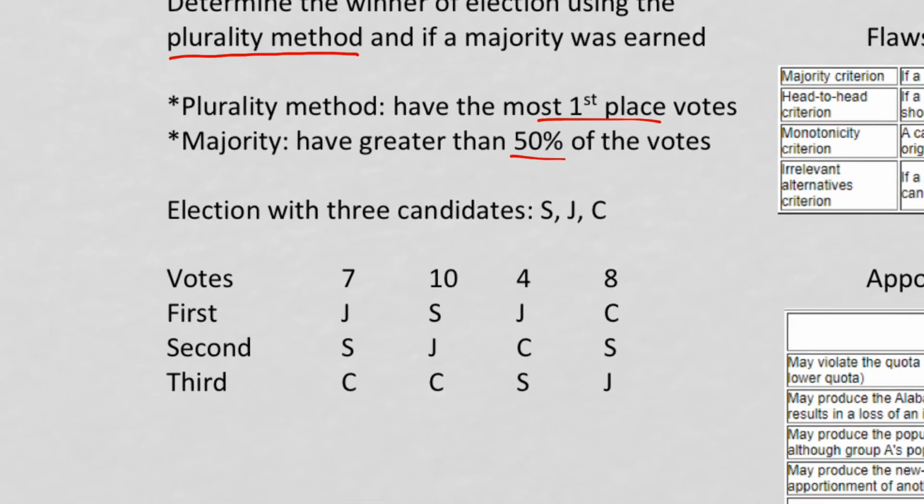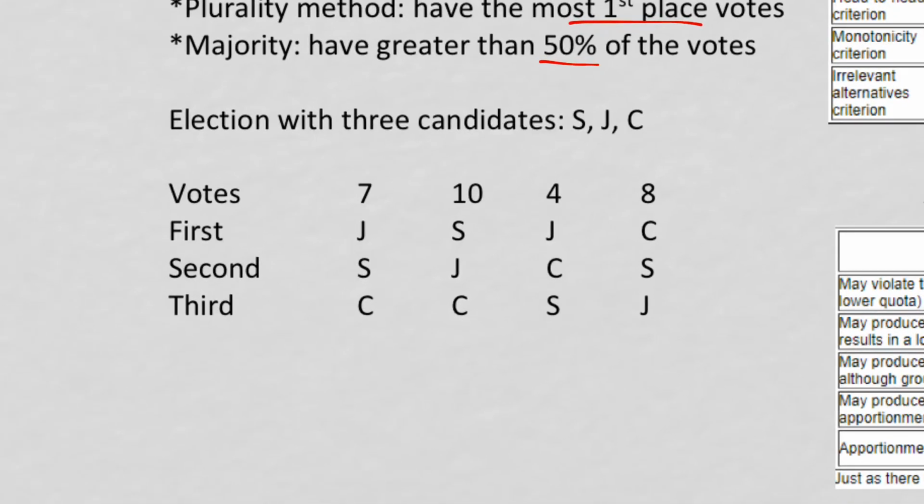Now, here's an example election, and we have 3 candidates, S, J, and C, and here are the preference tables. So at first glance, it looks like S won because S has 10.